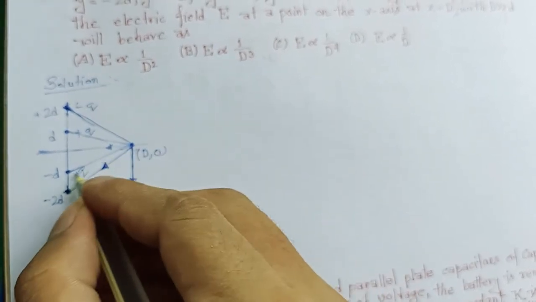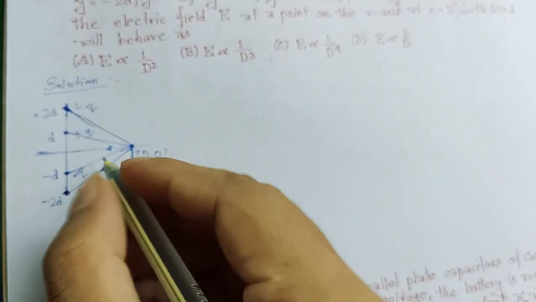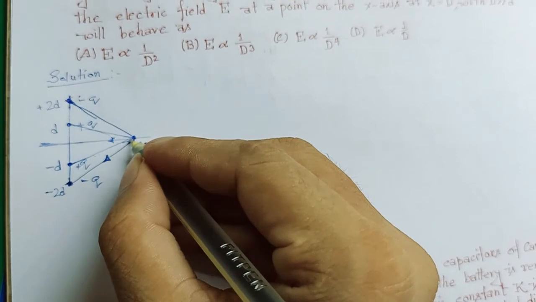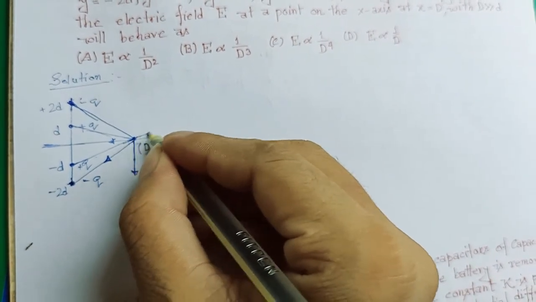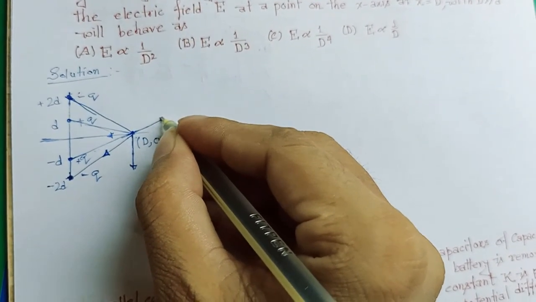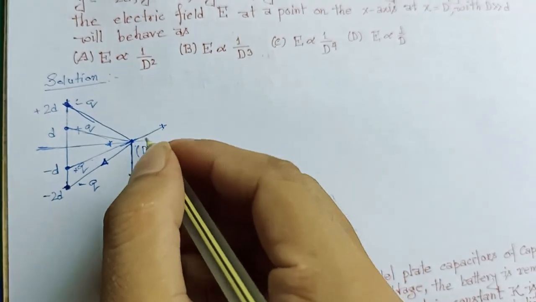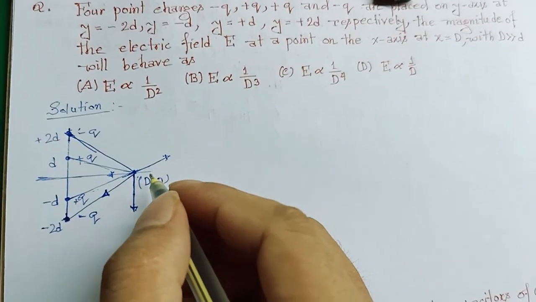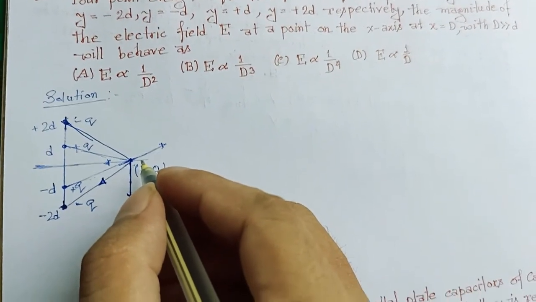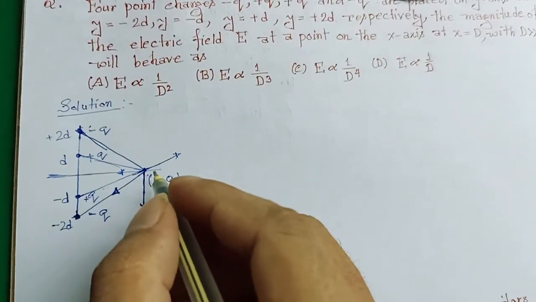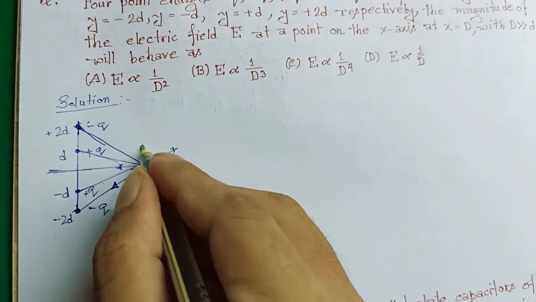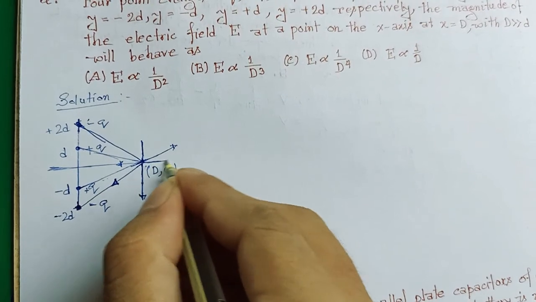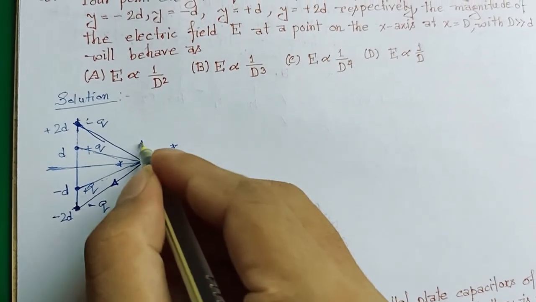Again, for a positive charge, the direction of the electric field will be in this direction. If we divide this electric field into 2 components, one is in this direction and another one is in this direction.